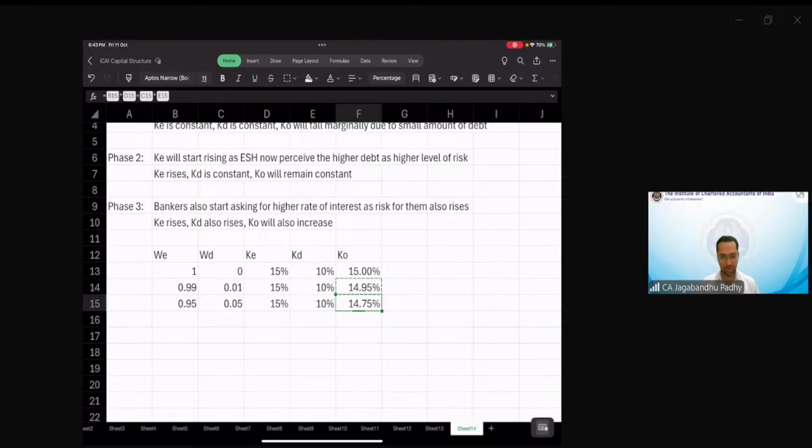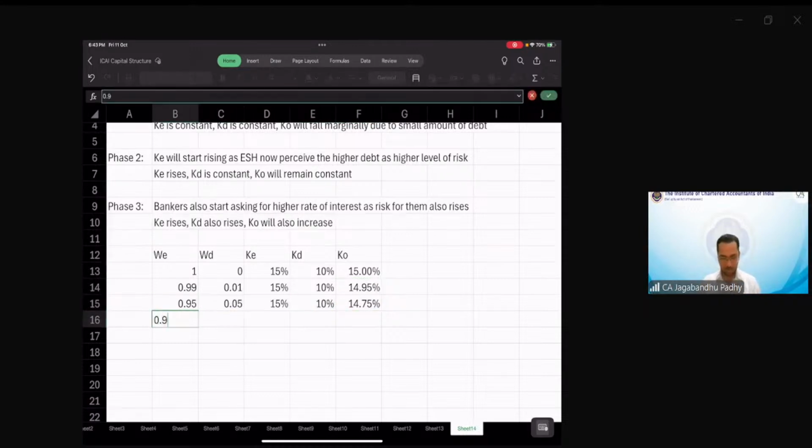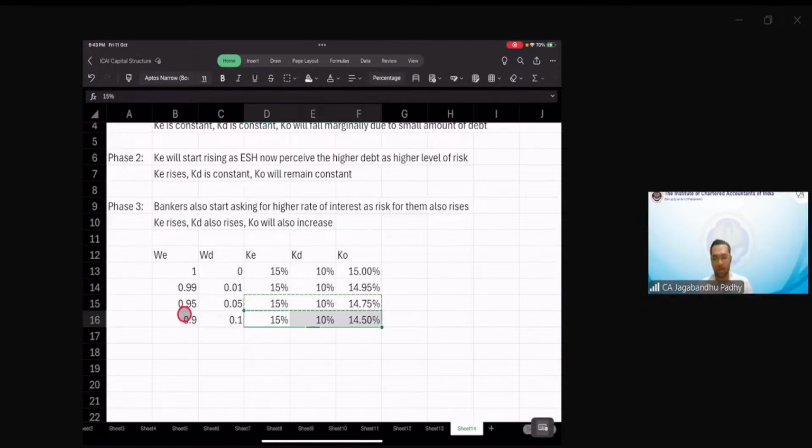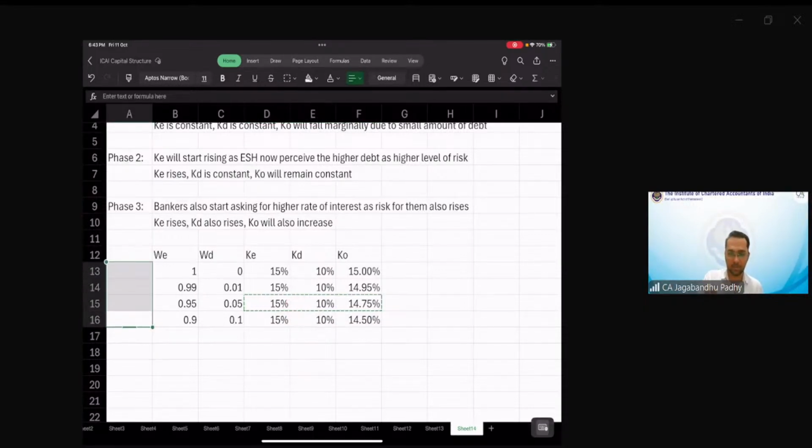So up to a certain extent, let's say up to 10% of the total capital, your overall cost of capital keeps on reducing because cost of equity is remaining the same.